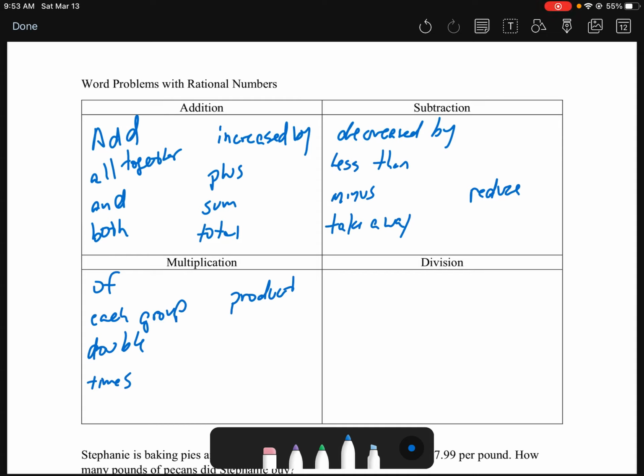And then for division, you might see words like half, per, as much, equal, sharing, and quotient. You might have had other words in addition to the words that I had. There are plenty of them.